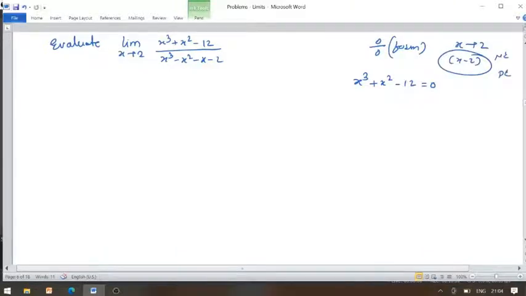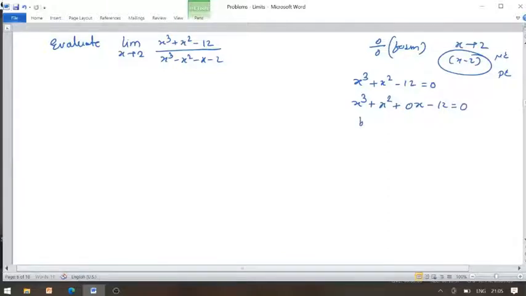So let us try to convert this cubic equation in terms of the standard form of the polynomial. That means we have to rearrange the polynomial in terms of descending orders of powers of variable x, like x cube, x square. So x term is not given, means coefficient of x becomes a 0, and the constant we have as a minus 12 equals to the 0.